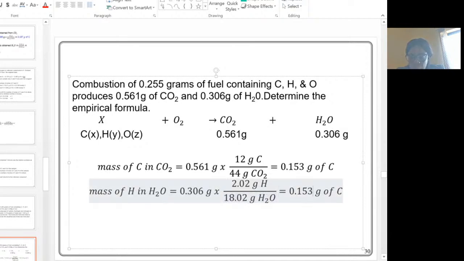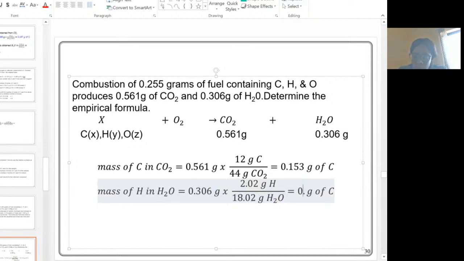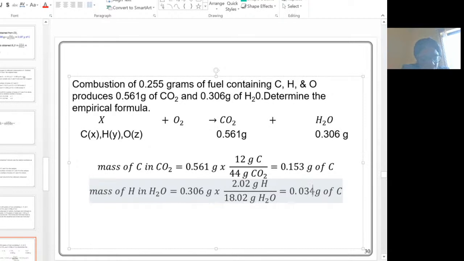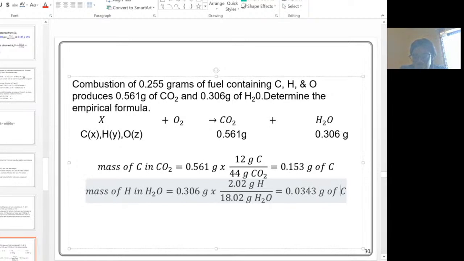Then we now work out 2.02 divided by 18.02 times 0.306. You get 0.0343 grams of hydrogen.